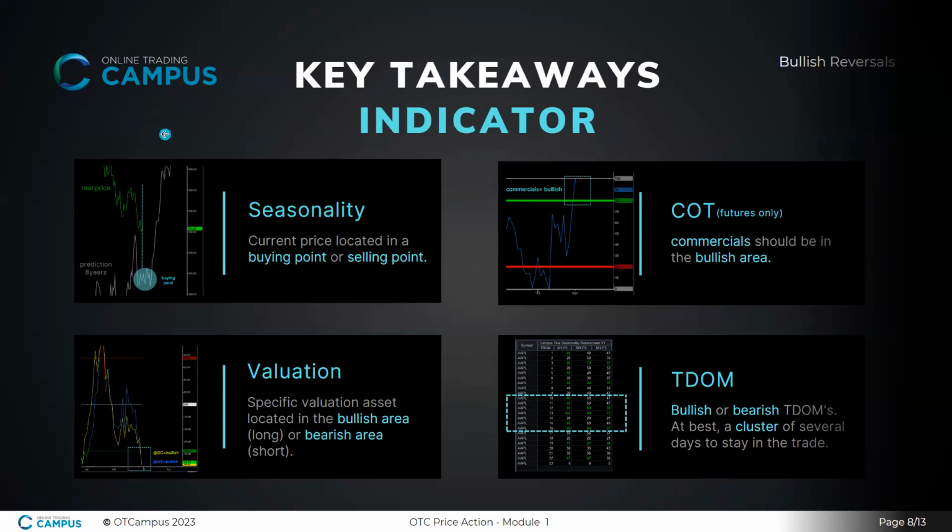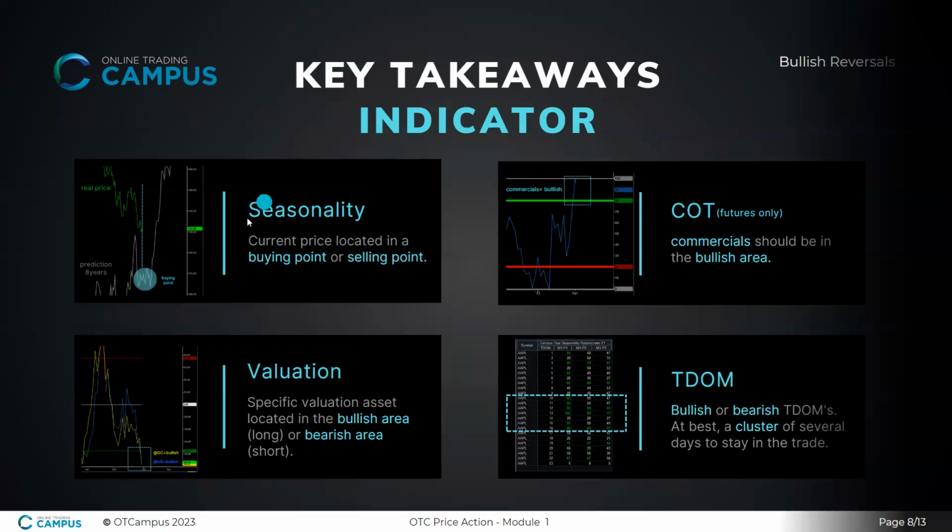We don't need a 10 of 10, right? We don't need all of this in a line. Sometimes it's also good if you have 7 of 10, 8 of 10, up to you. That depends on your trading strategy. Of course, the best of the best is if we have everything in line, okay?